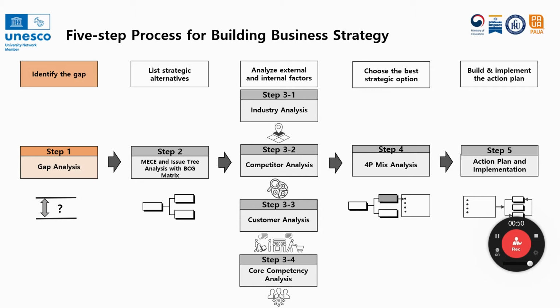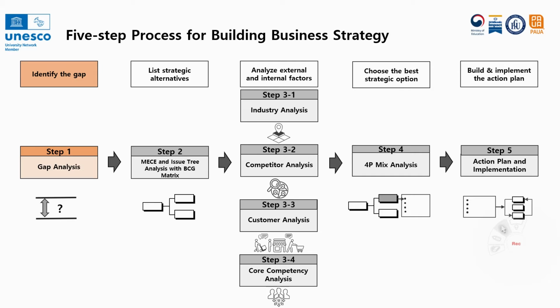The first step of building the business strategy is identifying the gap between the current performance and the target level. And then, in order to get rid of this gap, we list a lot of strategic alternatives first.